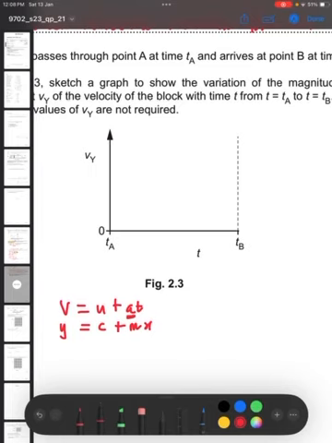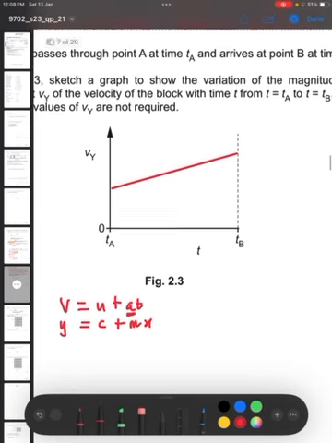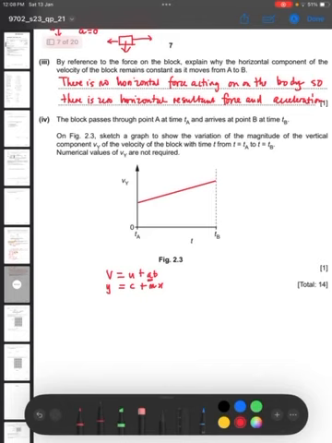Obviously the initial velocity is not zero, so it will be a straight line, something like that. Of course we can put values if you want, but then we'd have to look for the final velocity at B. But this is not asking for us to do that. They just said sketch the graph to show the variation. We have sketched the graph there.